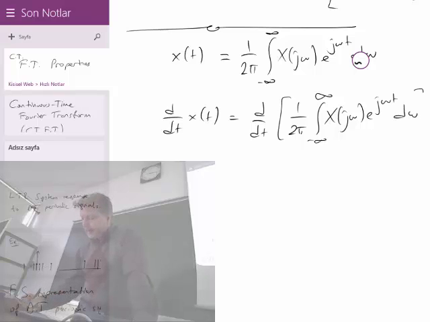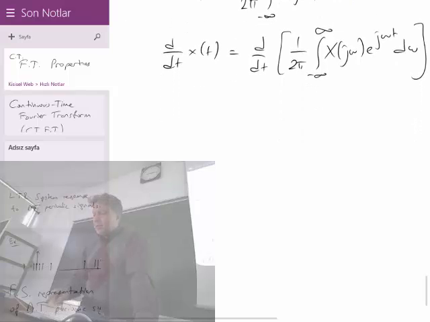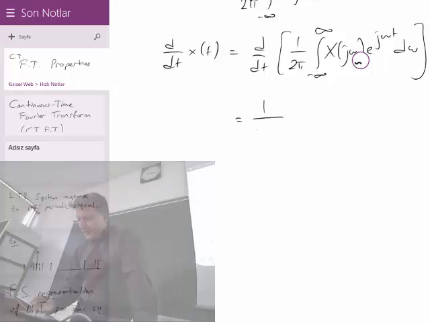Okay? And now I can use the linearity of the Fourier transform, which contains an integral, which is a linear operator, and the derivative. And I will push this derivative operator up to the point where it meets a time variable, because t exists only in one place in this formulation.